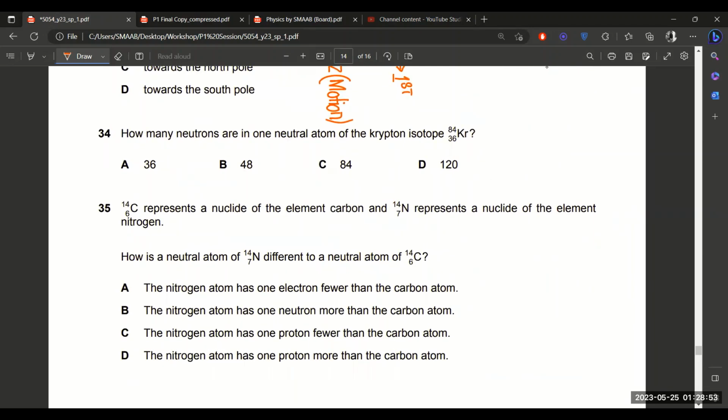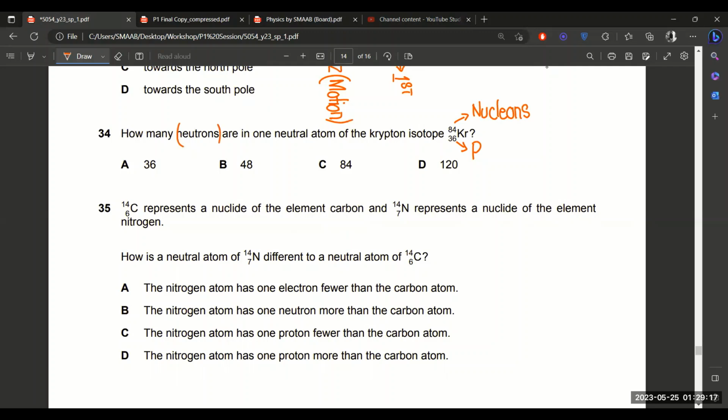Okay, question number 34. How many neutrons are in one neutral atom of krypton isotope 84 36 krypton? So basically, you know the concept. This 36 represents the number of protons and this represents the number of nucleons. Nucleons is the sum of neutrons and protons. So you need to find out the number of neutrons.